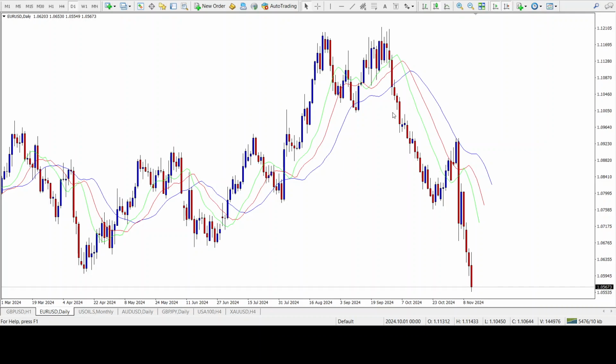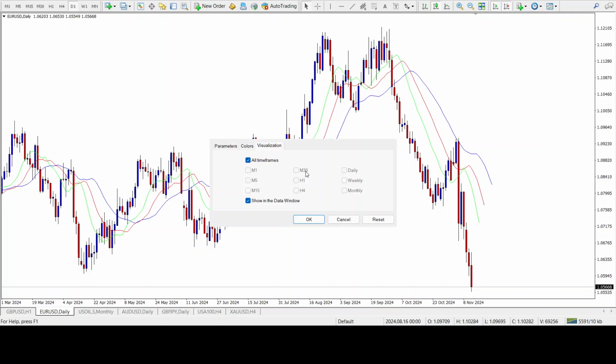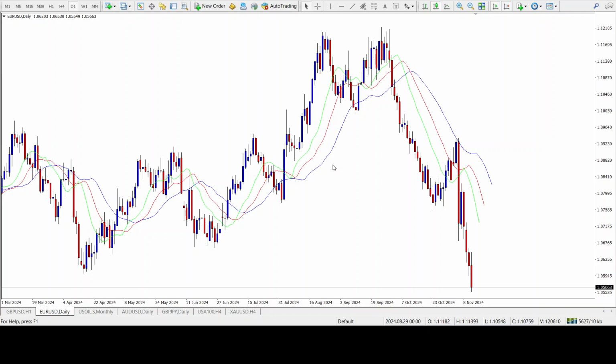Now, as we can see, the alligator indicator is made up of three lines. We have the lips, which is this lime colored line, and we have the teeth, which is the red line, and we have the jaw, which is the blue line. Now, these lines serve as dynamic support and resistance levels.